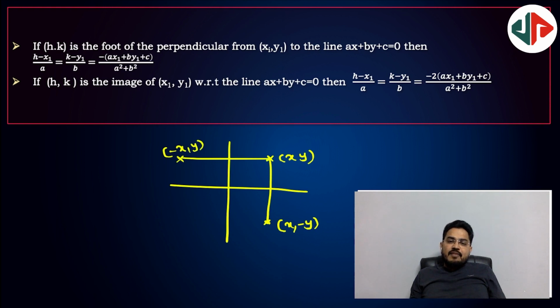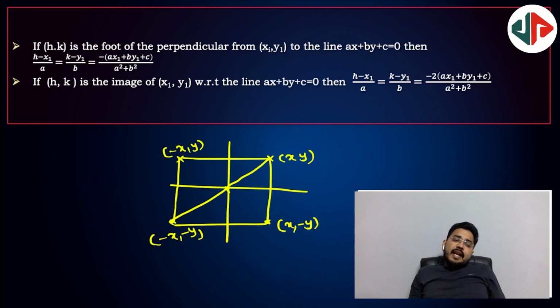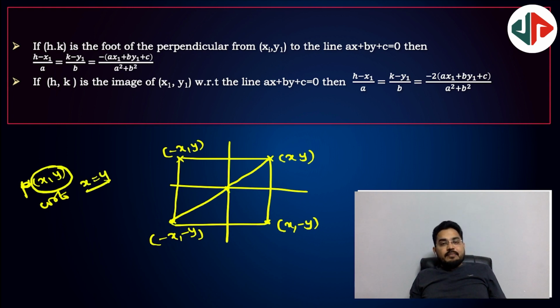The image of x comma y with respect to the origin, it will be the midpoint, so it will be minus x comma minus y. If someone is asking the image of P x comma y with respect to the line x is equal to y, just simply interchange x and y.